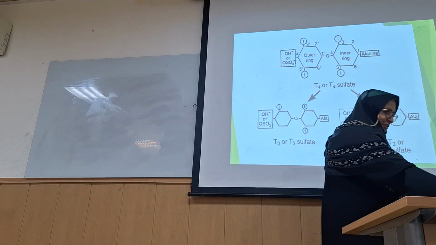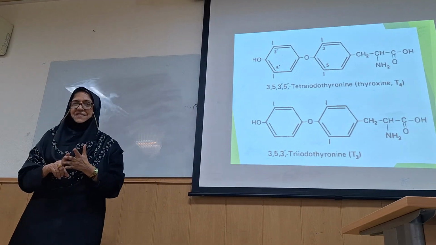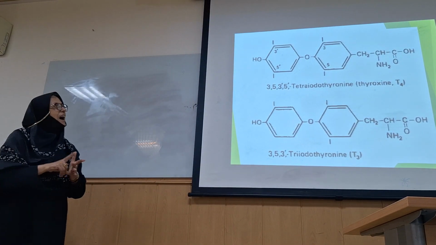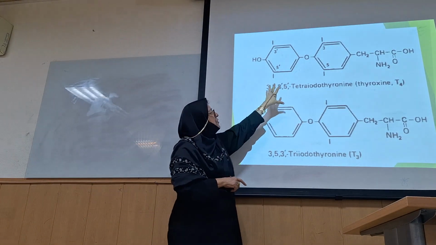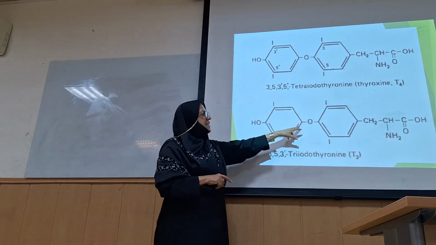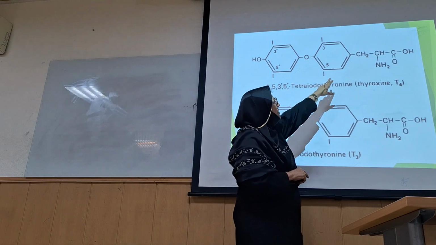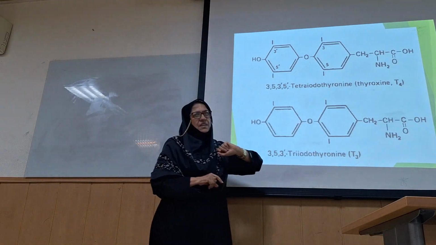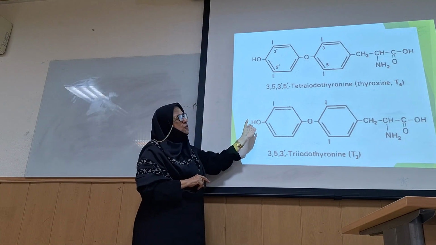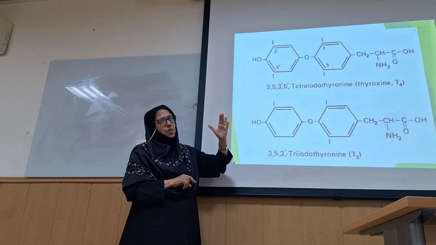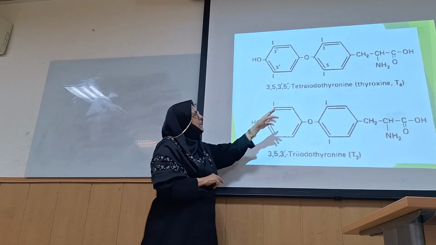I repeat for you. T4 and T3 and reverse T3 have two rings, A ring, B ring. Between A ring and B ring there is oxygen bond. A ring combine to amino acid, alanine amino acid. B ring connect to OH or phenol ions. Okay?